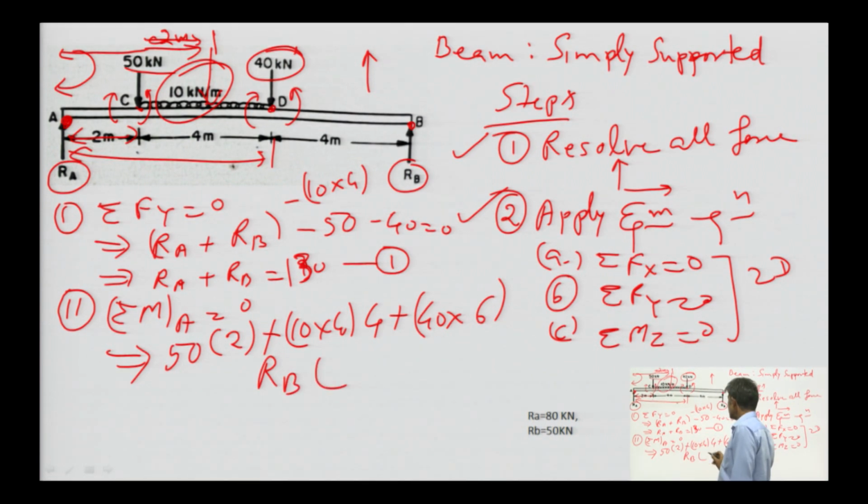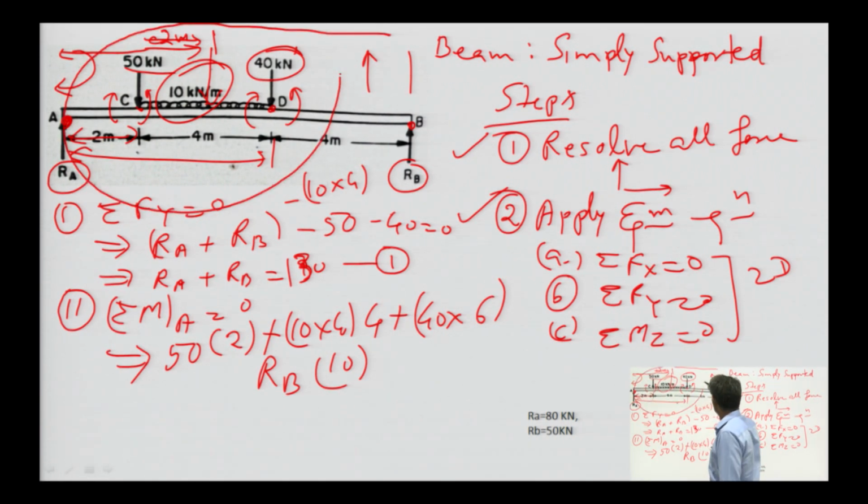and perpendicular distance, entire AB means 4 plus 4 is 8 and 2 is 10. And what will be its direction? Direction, let me extend this force and you take this. Which direction is it? Anti-clockwise, that is why it will be taken as minus sign.